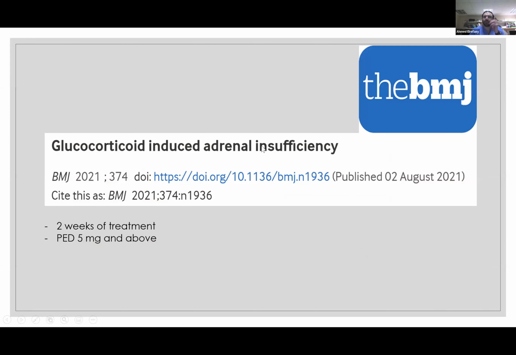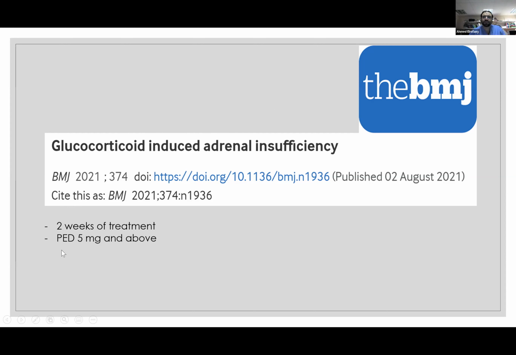the BMJ published a paper on glucocorticoid-induced adrenal insufficiency in 2021, and it's a very nice article. I recommend reading it for more details. But the bottom line is, any patient who has been on 2 weeks of glucocorticoid treatment, at a prednisone equivalent dose, and this term is very important.